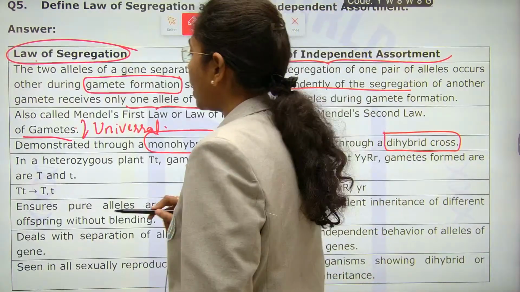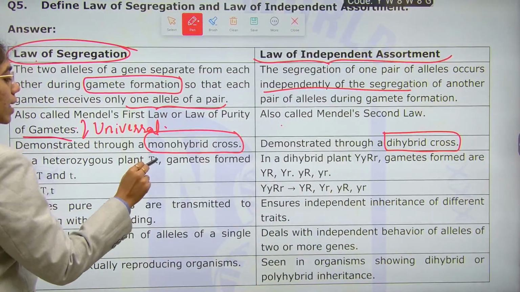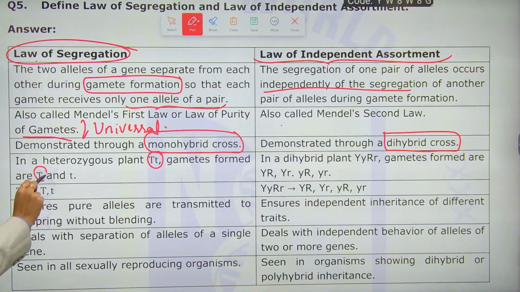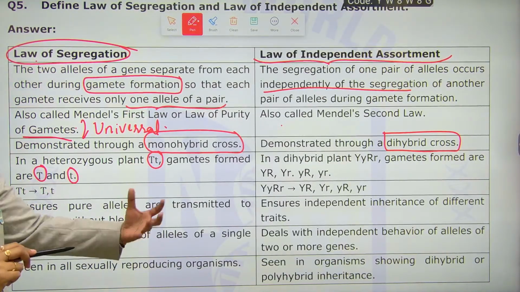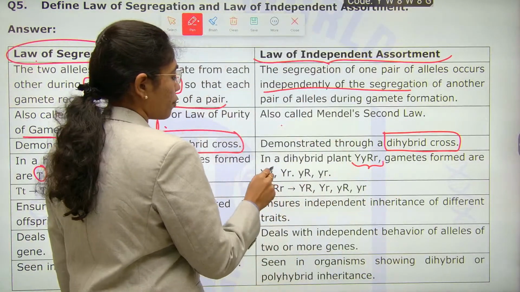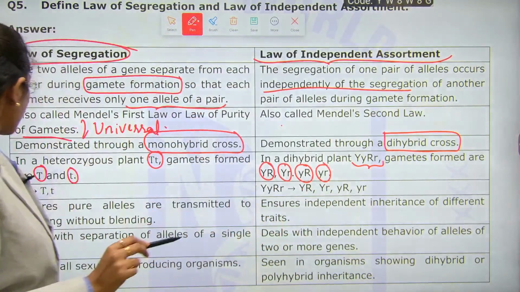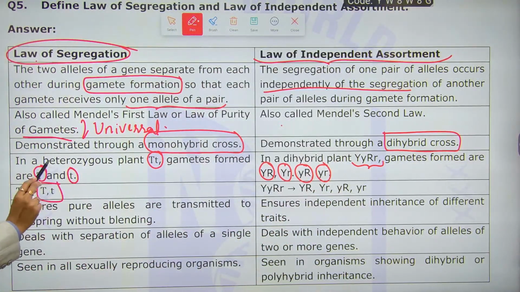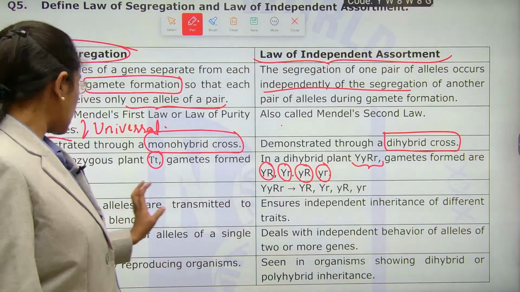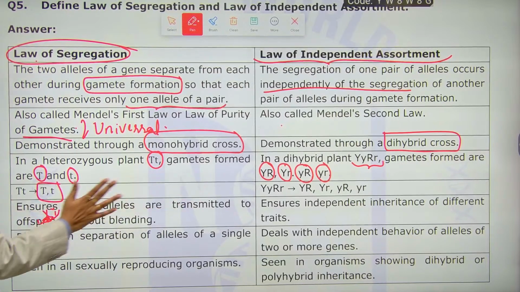Fine, right? And then here in a heterozygous plant, gametes are formed which are capital T and small t. In dihybrid plants, the gametes which are formed are these. Sorry, these are the two gametes from a monohybrid cross, and these will be the gametes of a dihybrid cross.